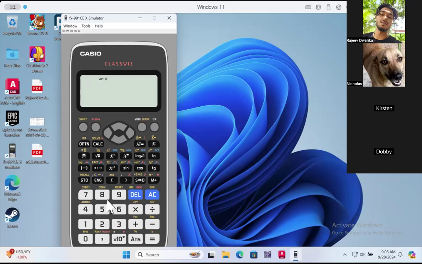Okay, so Kira, when you press shift menu, right? You see an option that says angle unit. No. You sure about that? Yeah, turn on. That's an angle, you know.